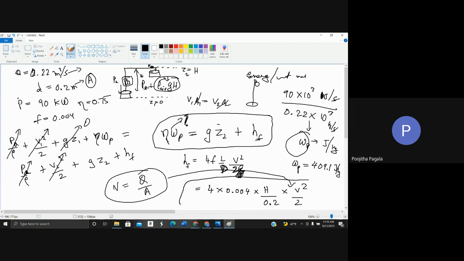Can anyone tell me the simplified version of the HF term?